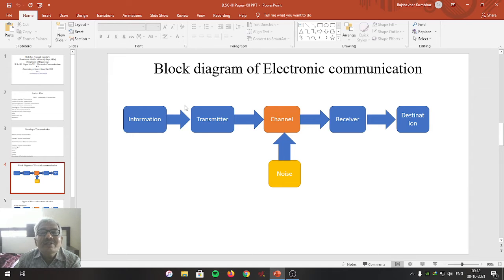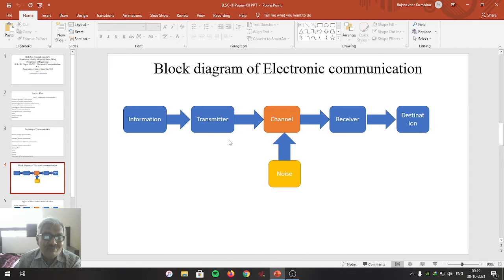The role of the transmitter is totally related with the modulator. In the transmitter, the electrical signal proportional to the information is modulated and converted into a high frequency signal to achieve more speed, to cover a large distance and to reduce the noise.